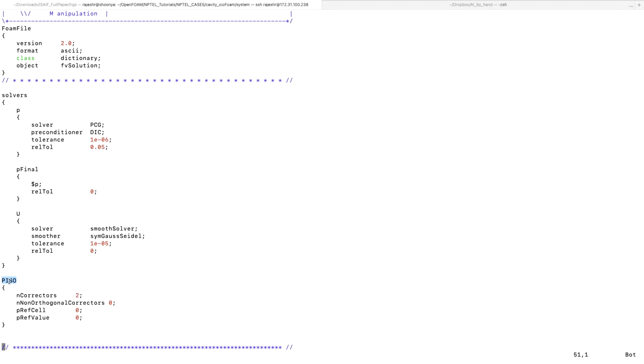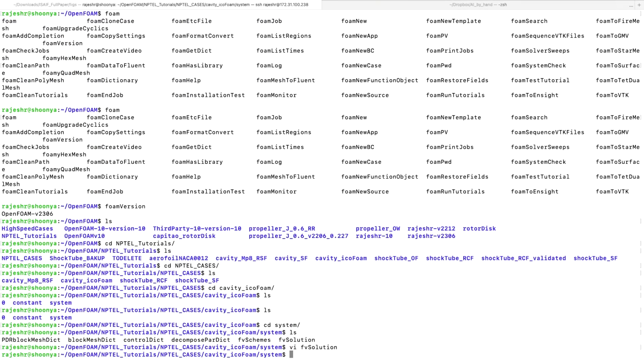The two algorithms which are very popular are SIMPLE and PISO. Basically you split the equations, so this is an implicit splitting operator. I will not go into the detail. My purpose today is to solve some problems, but you can always go and find the details of the solvers that you are using.